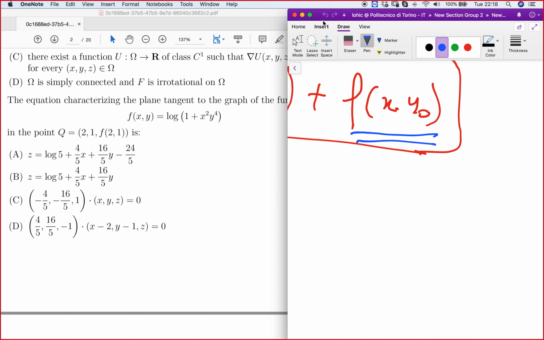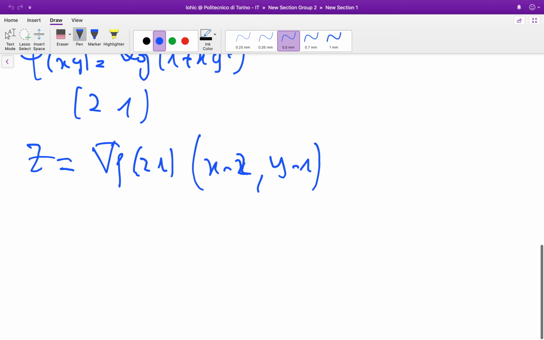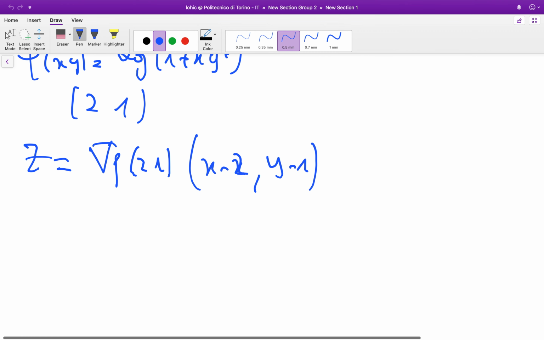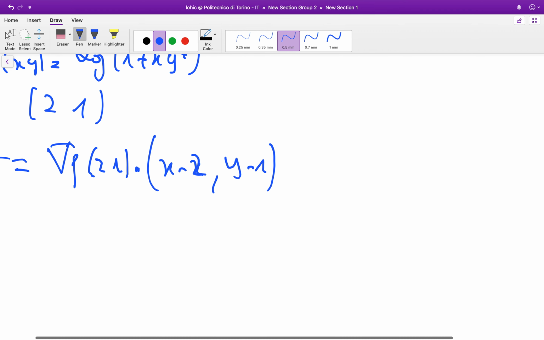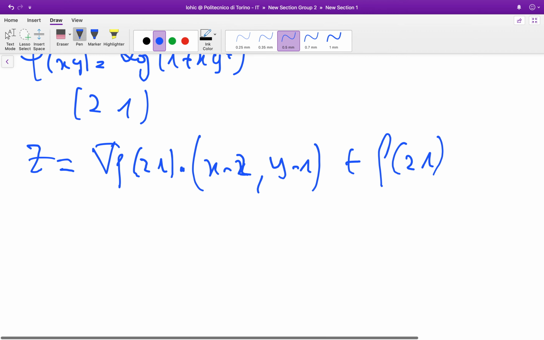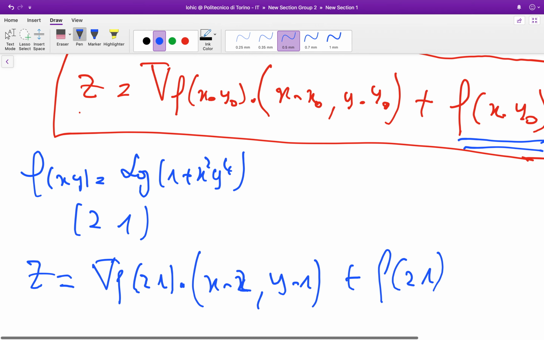So I have my x0 and my y0. Is it clear so far? Then I will just add plus f of 2, 1.